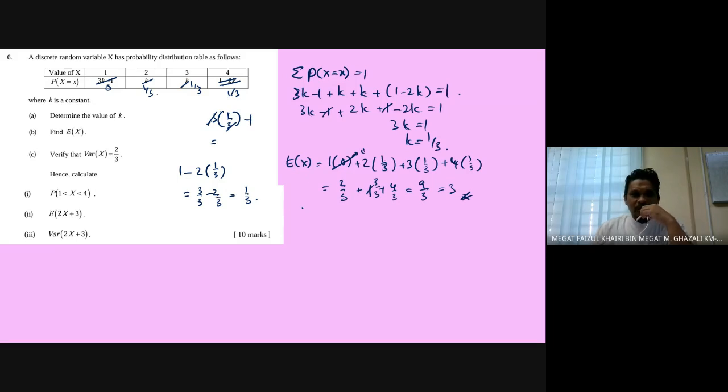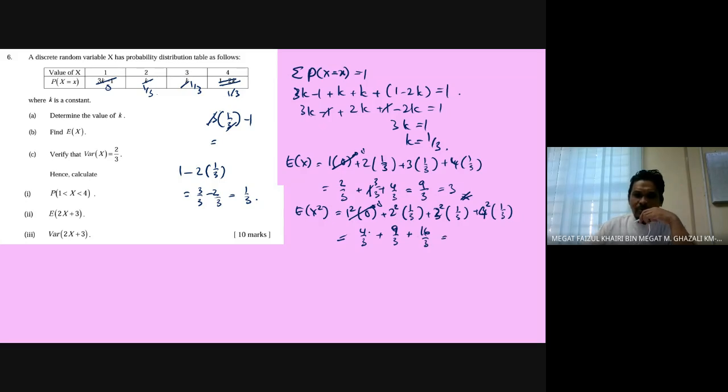Before we look at the variance, we need to find expected of x squared, which is 1 squared times 0 plus 2 squared times 1 over 3 plus 3 squared times 1 over 3 plus 4 squared times 1 over 3. Again, this is 0 here, 4 over 3 plus 9 over 3 plus 16 over 3.